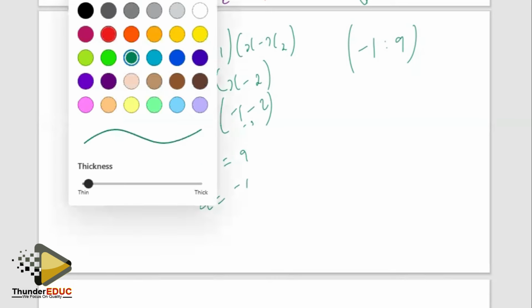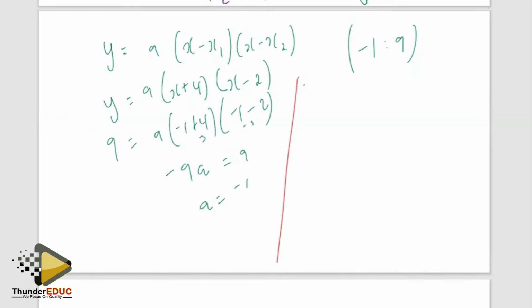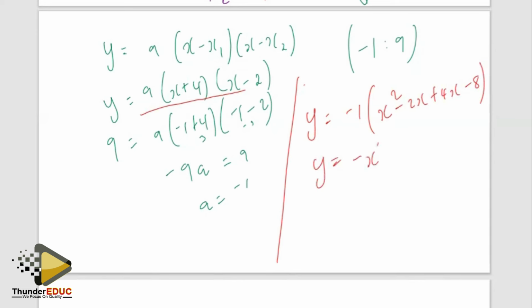Having obtained that, I just need to do the substitution. So y is -1 into, we can open that up, x squared minus 2x plus 4x minus 8. So y is going to be -x squared, then a positive 2x, then when you introduce the negatives, -2x plus 8.